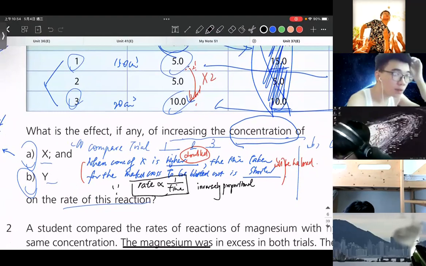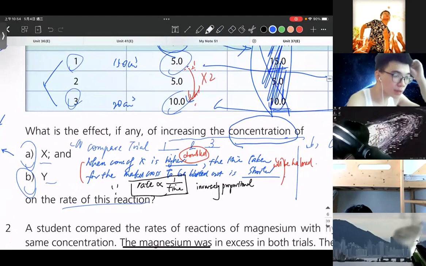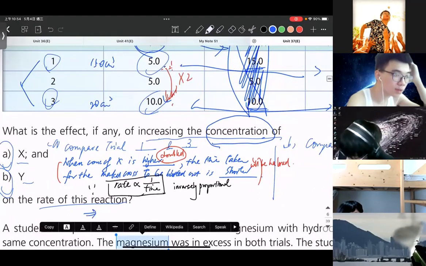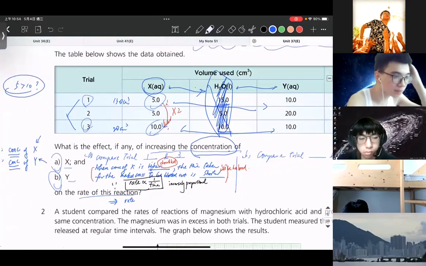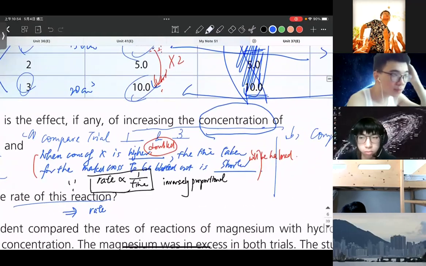So according to our statement, you may get a conclusion. When the concentration of X is doubled, how does it affect the rate? Now you check the time is halved, right, when you go from trial 1 to trial 3. So what does it mean for the rate? The rate will be doubled. Yes, good.